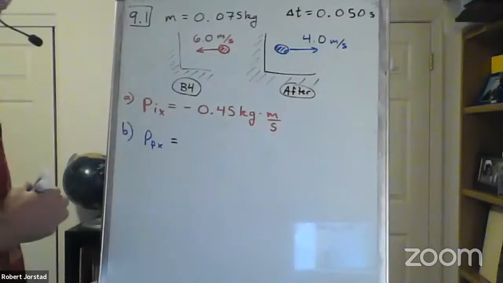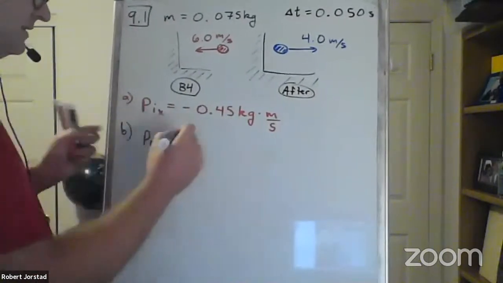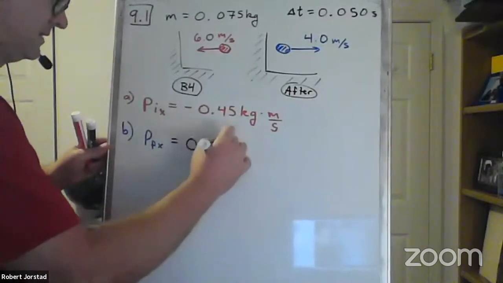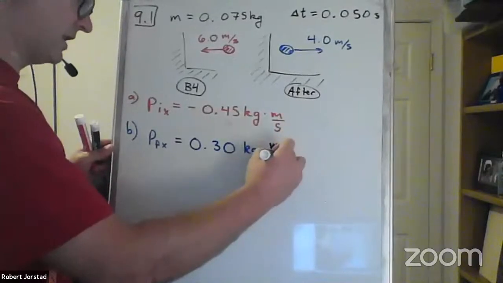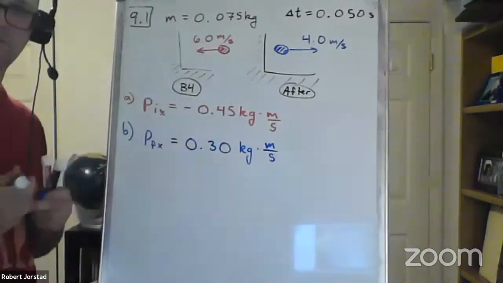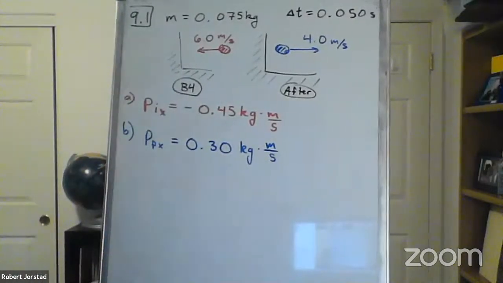I think it's 0.30. It should be 2/3 of that, but positive. Looks like we're doing all 2 sig figs for this problem. Who cares? It gives us an idea. That's pretty plausible if you consider video capture. We'd be lucky to get 2 sig figs. So yeah, okay, this is not bad.